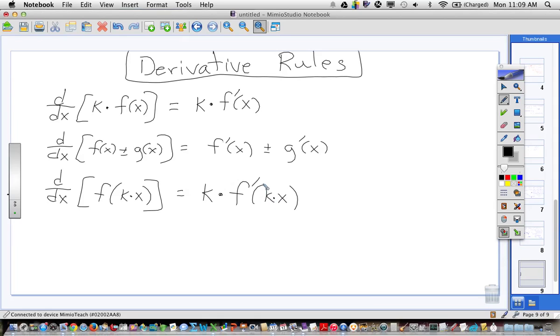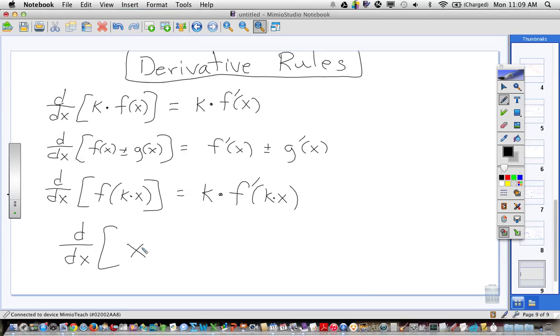So we do our derivative like normal. So there's the f prime there. The k's still on the inside, but then we have to kick out a k on the outside. So that's something we talked about with derivatives. So really these could be on the quiz, right? And we'll review some that look like this tomorrow. All right. And then we had our power rule.